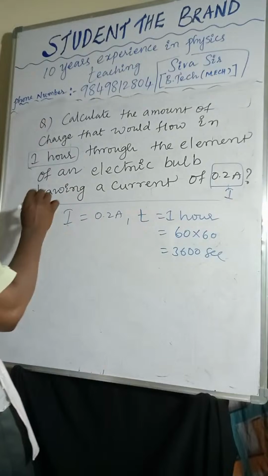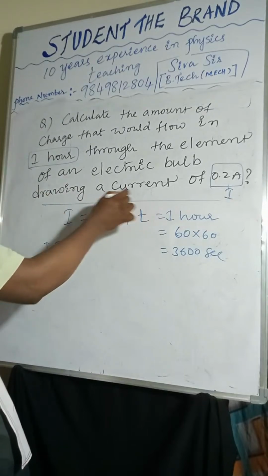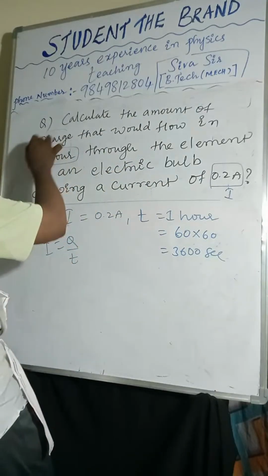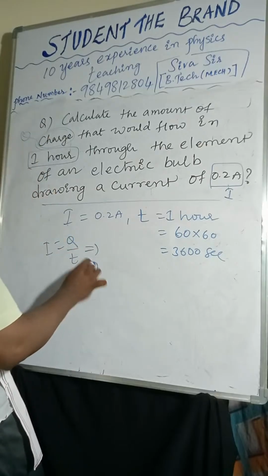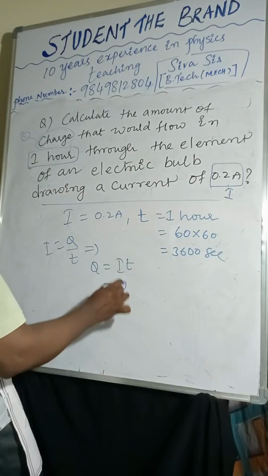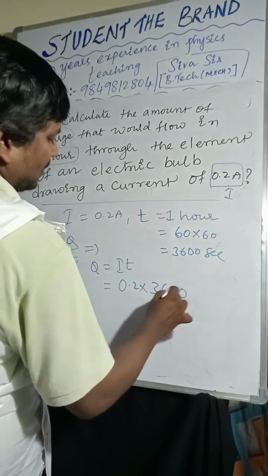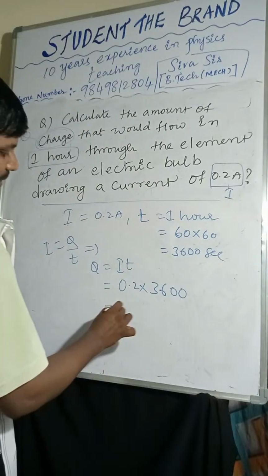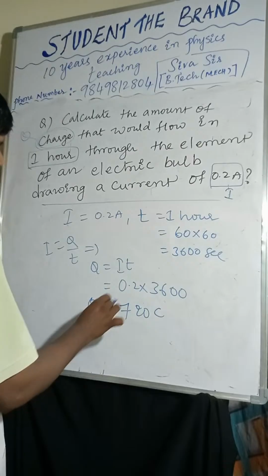Now we'll go to I equal to Q by T. They're asking to calculate the amount of charge, so charge is Q. From this, Q equal to I into T. I equal to 0.2, T equal to 3600. So the answer is 720 coulomb charge.